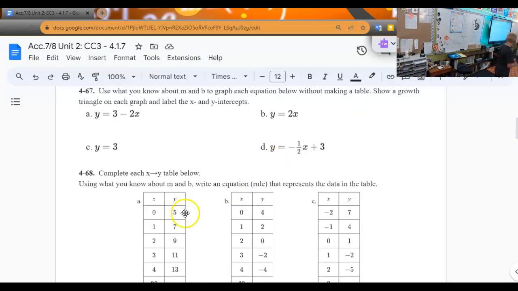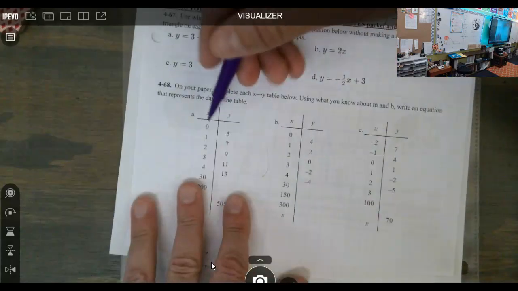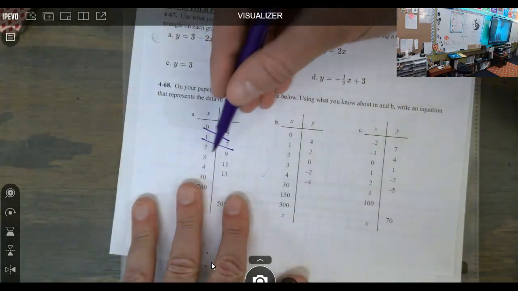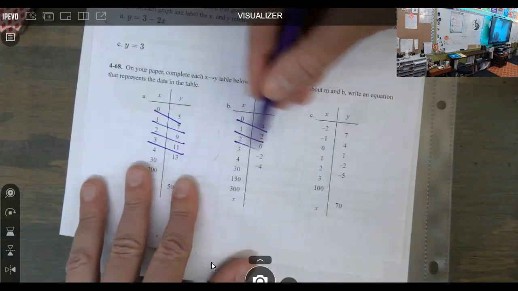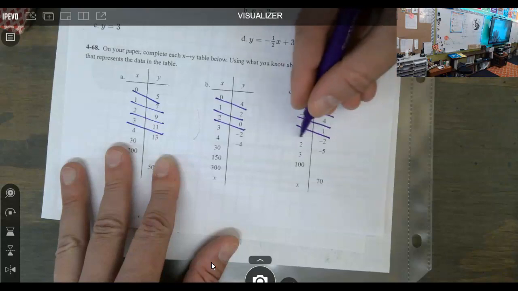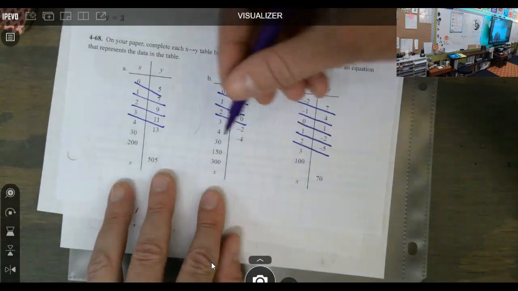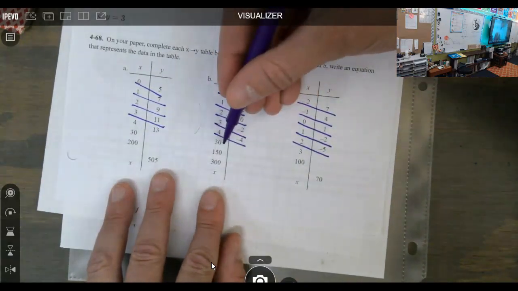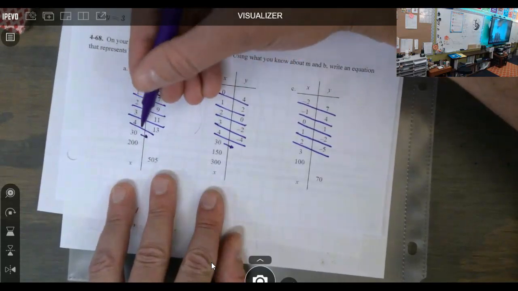So it's meant to be this, and if you go check your book, it is that. But what you need to do: 0 goes with 5, 1 goes with 7, 2 with 9, 3 with 11, 0 with 4, 1 with 2, 2 with 0. These go together. They're just slanted, offset. So 3 has no partner. This 30 has no partner right now.